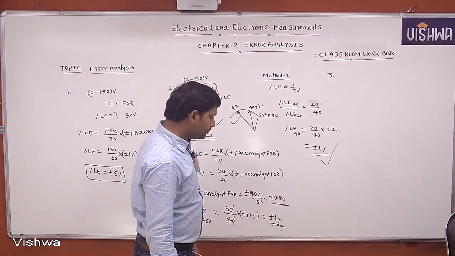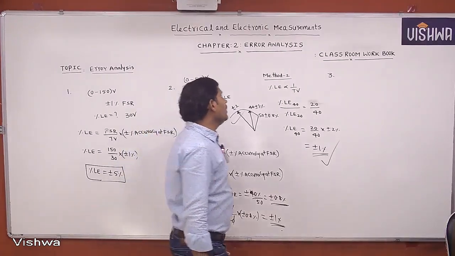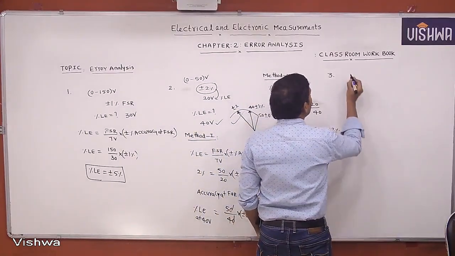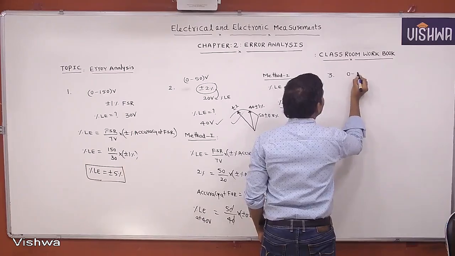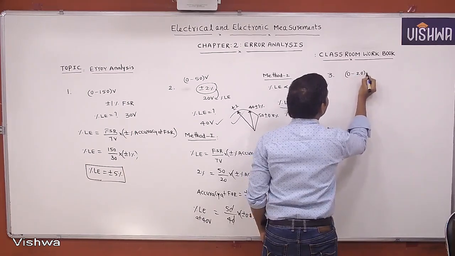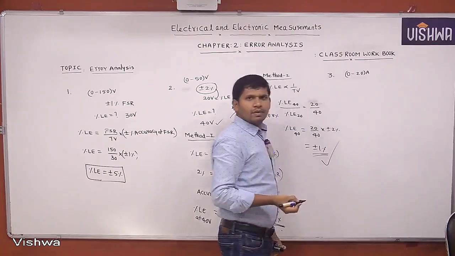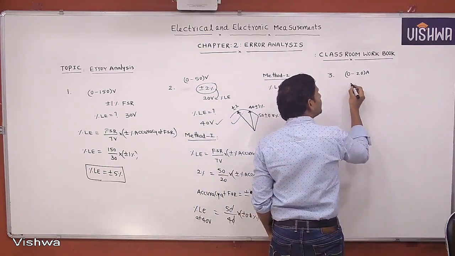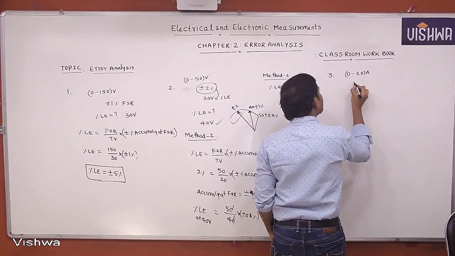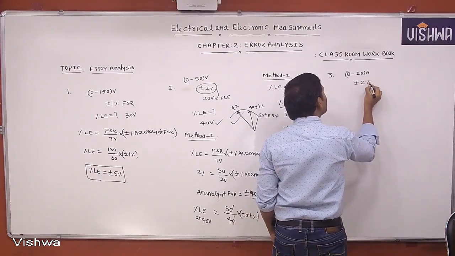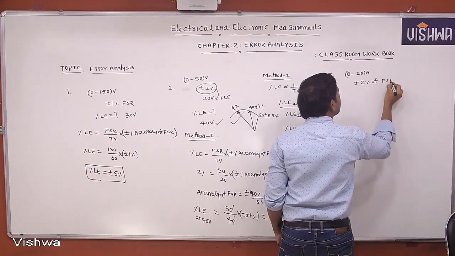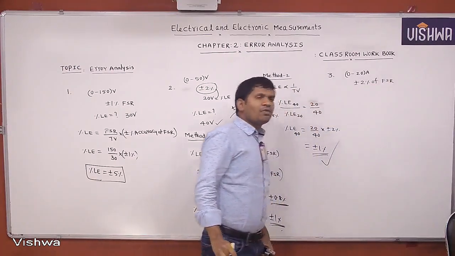Given that a 0 to 20 ampere ammeter, having accuracy of plus or minus 2% of full scale reading.